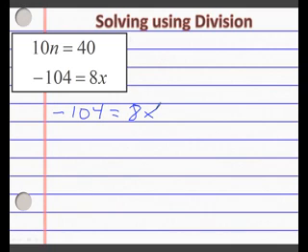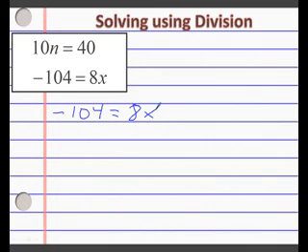You'll get the same solution, or you can flip that as long as you don't change any signs. If I wanted to write 8x equals negative 104, that would be fine, as long as I don't lose a negative sign or something like that. I'm just going to work it like it appears in our practice problems.